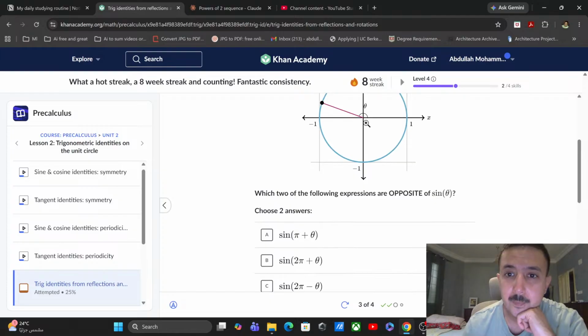So here sine, cosine is x, sine is y, here y is positive, so I need y to be negative, which is here, here, and here.